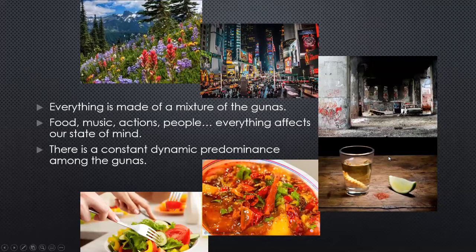And we have foods in the mode of ignorance also, which are very stale, decomposed. And here is an example of tequila, a shot of tequila, which is very often accompanied by putting a worm in it, and you drink both the tequila and the worm.